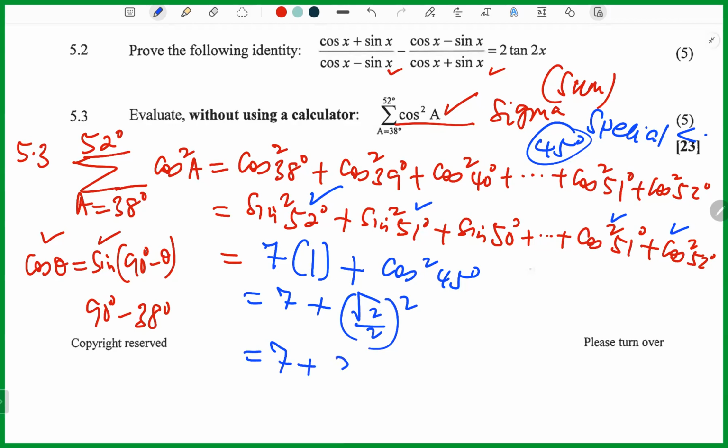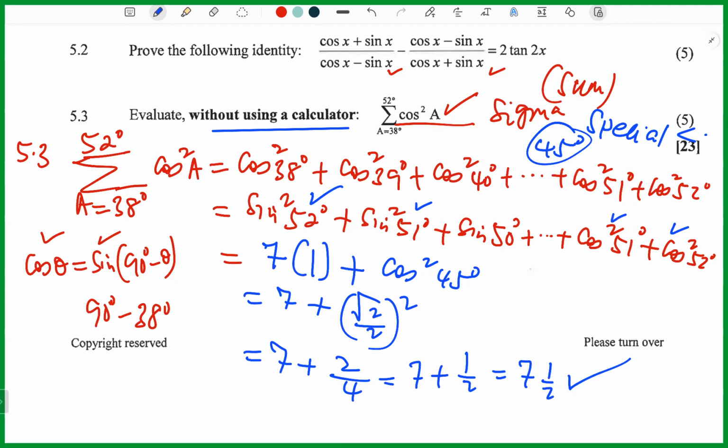If you square this one, it becomes 2 over 4, so this is 1/2, which is 7 and 1/2. That's the answer, 7 and 1/2. So we calculated the value of this one without using a calculator, and the value is 7 and 1/2.